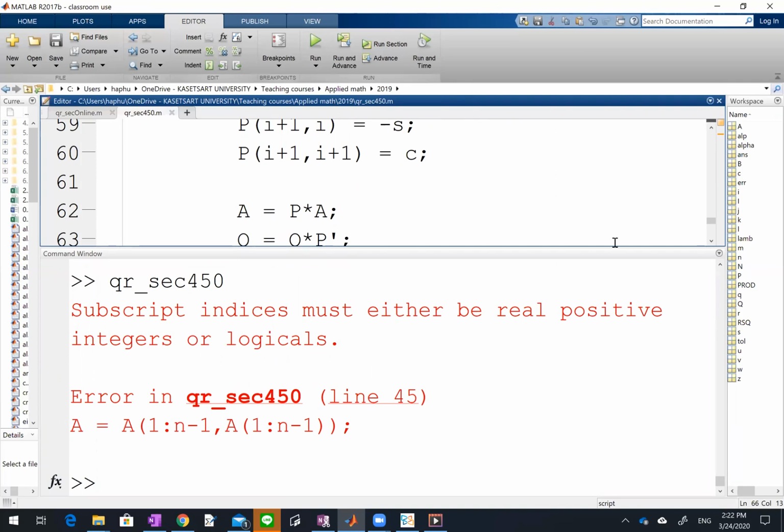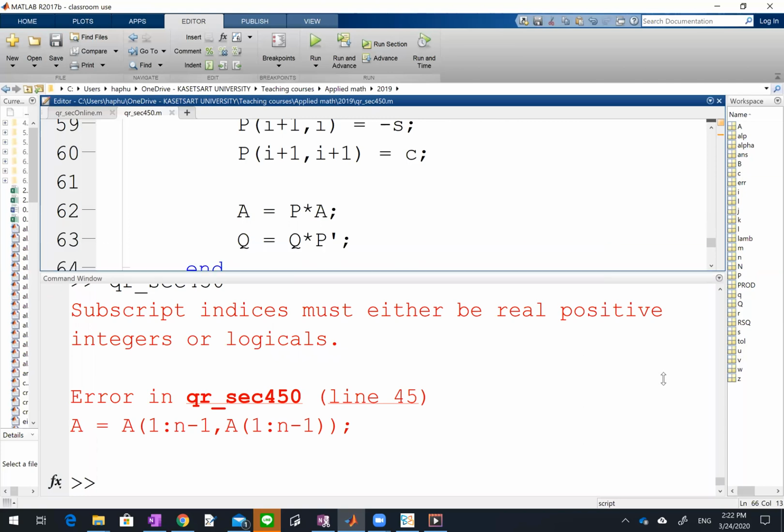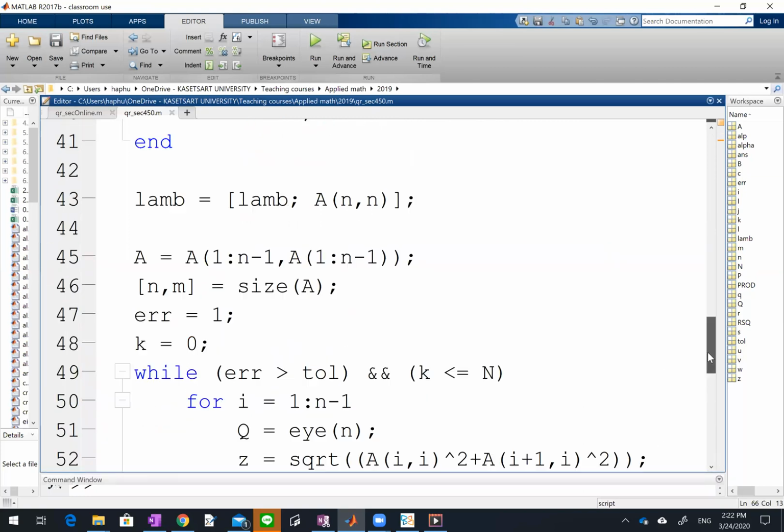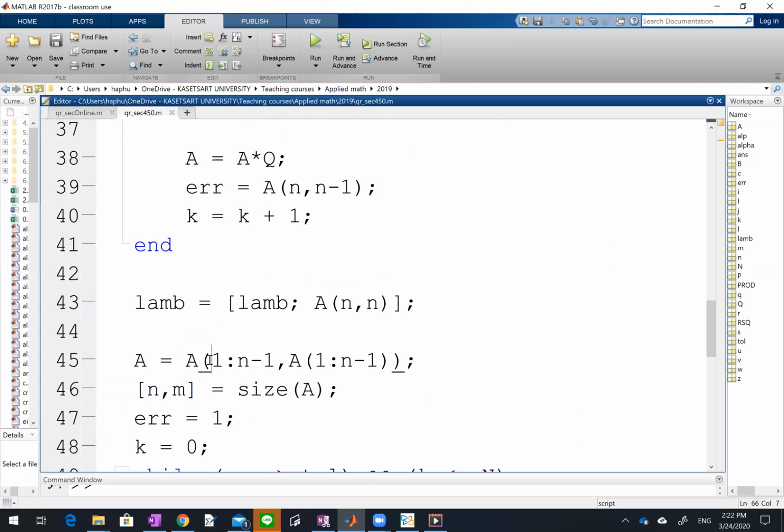A equals, I think I did something wrong, right? Let's just see. Okay, A equals 1 to N minus 1 and then 1 to N minus 1. I did something wrong here. Run it again. And let's see my final A.